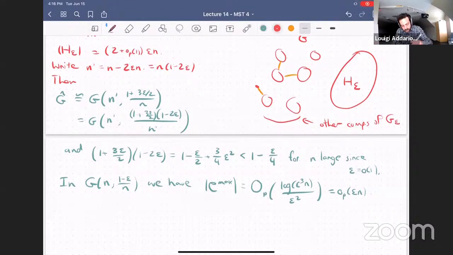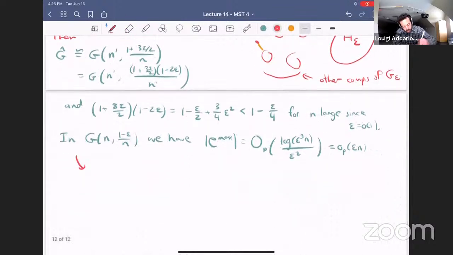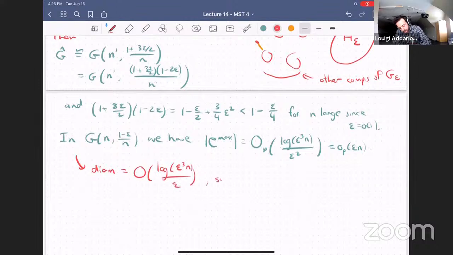And so that tells us that with high probability, well, actually, I don't need more information about the size. I need information about the diameter. We just proved that in a graph like this, we have a diameter bound order log epsilon cubed n over epsilon, and surplus at most 1 with high probability.